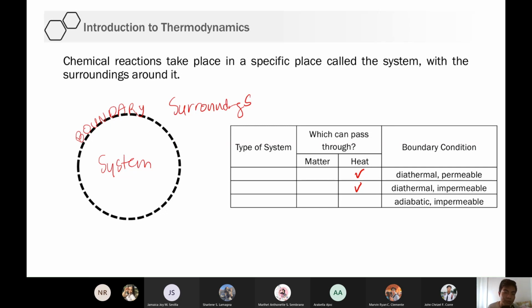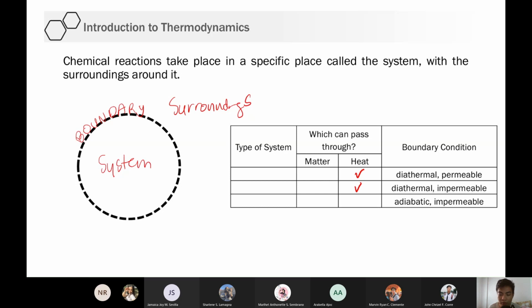Di ba madadama mo yung mainit na tubig sa labas ng baso? Ayun, diathermal yun. Pag nafe-feel nyo yung init sa loob ng system, lumalabas o kaya pumapasok yung init, diathermal yon. It allows the heat energy to pass through the barrier. So tumatagos yung init sa barrier.